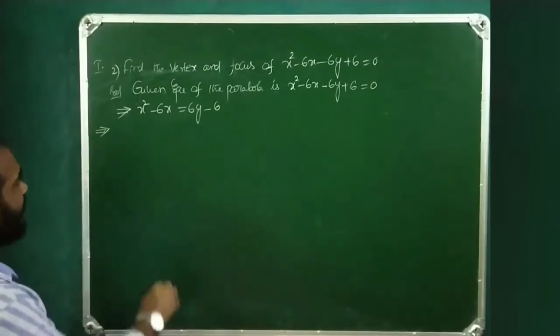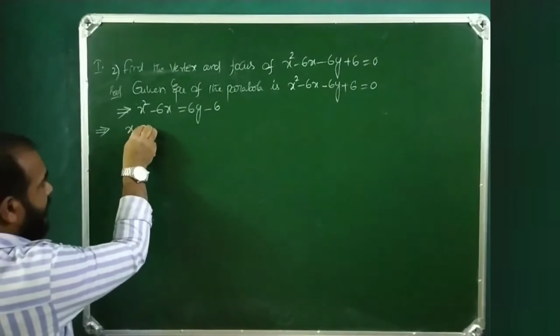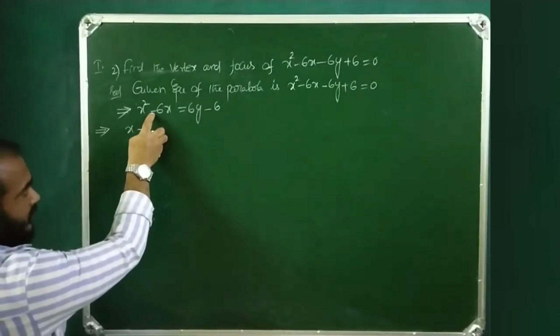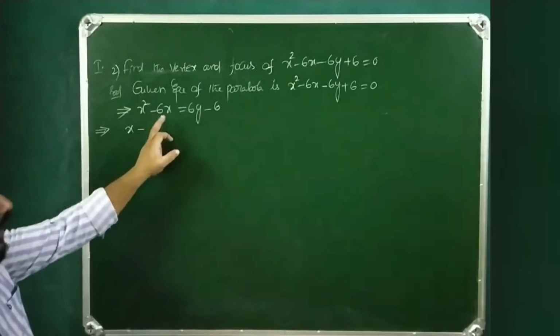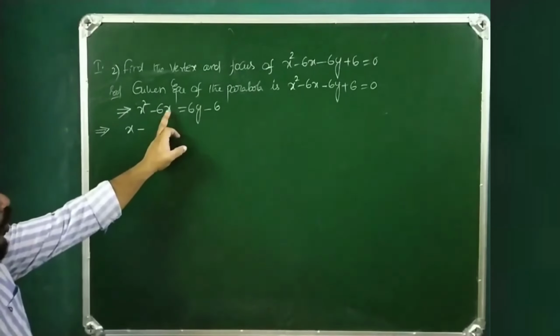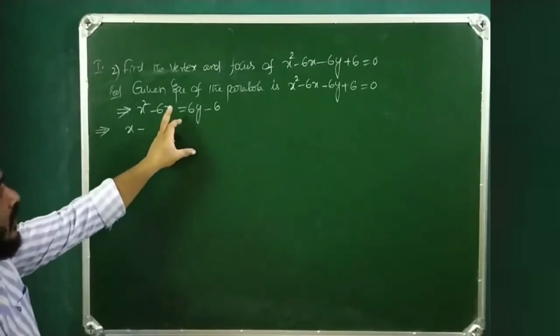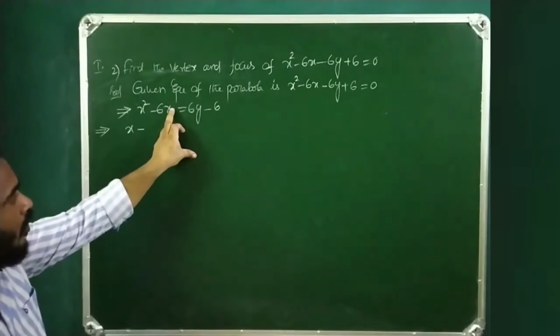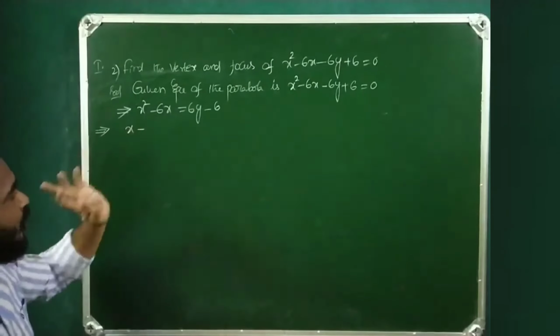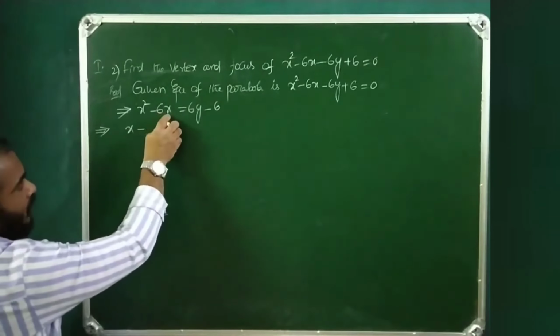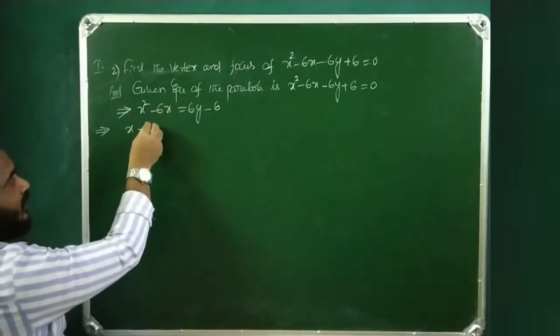Here I will complete the square for this. x square minus 6x. If plus is there, the same plus you write. If minus is there, minus you write. The x coefficient is what I am talking about. If the sign of this x is positive, the same positive you take. Negative, negative you take. Now, what is the coefficient of x? 6. Half of that, 3.